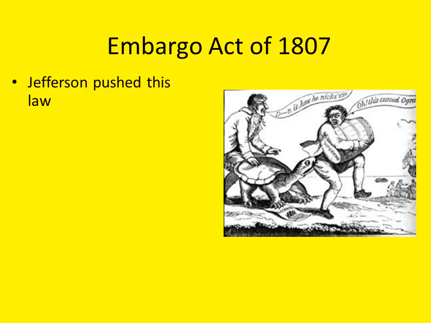This law essentially closed American ports to outside trade, which seems mind-bogglingly dense these days, knowing what we know about economics. It did not have its intended effect of punishing the British and the French. The law seriously harmed the U.S. economy, and Congress ultimately ended this embargo in 1809.